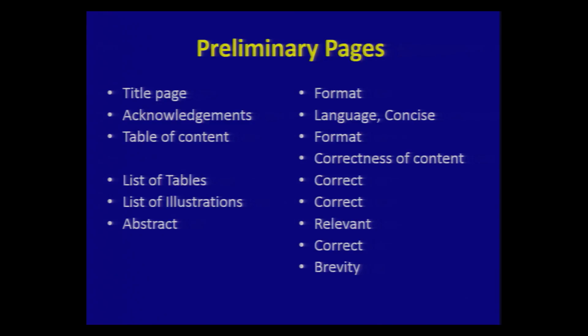So one has to evaluate the abstract in terms of its relevance, whether the whole research report has been summarized on one page or at the most 2 pages, whether what has been summarized has been correctly referred to, and then one needs to look into the brevity. The abstract cannot run into pages, so it should be restricted to 1 page, at the most 2 pages in the whole thesis.